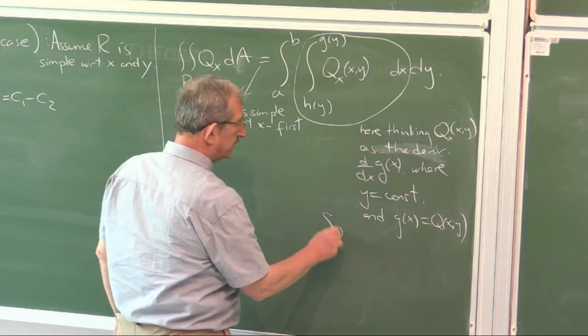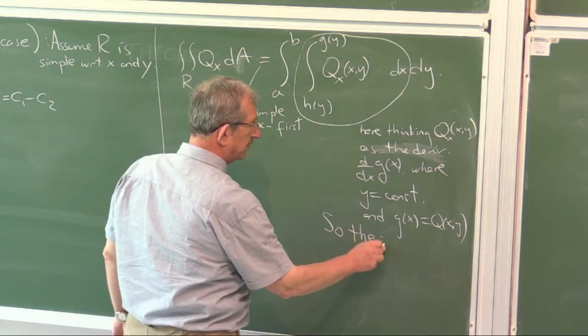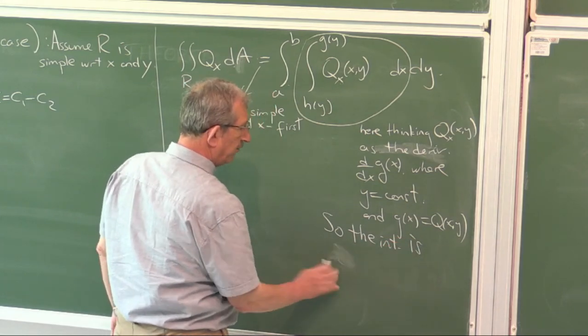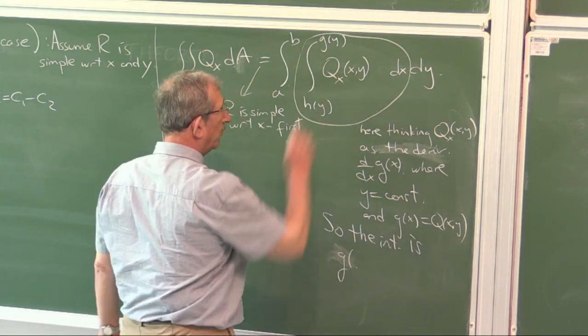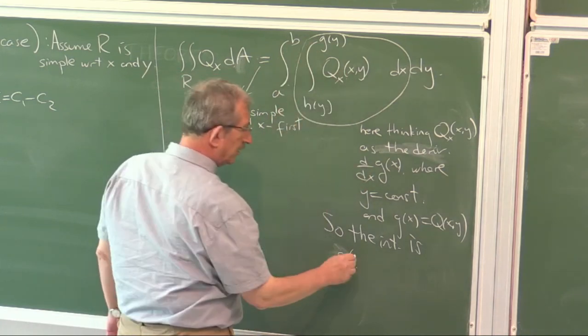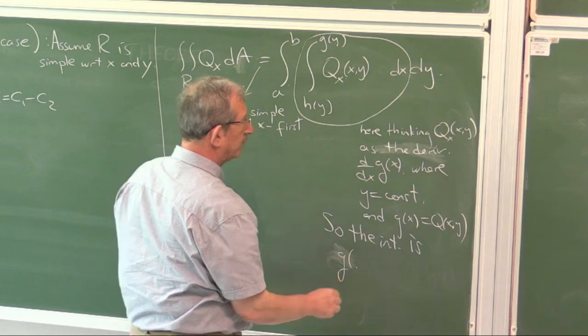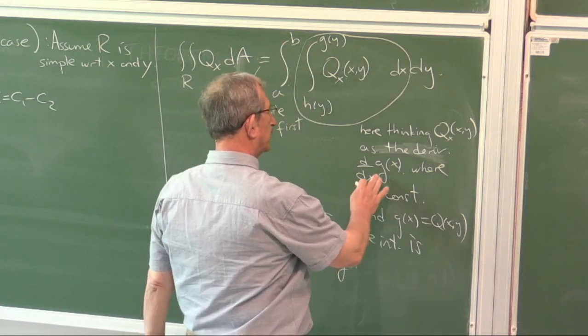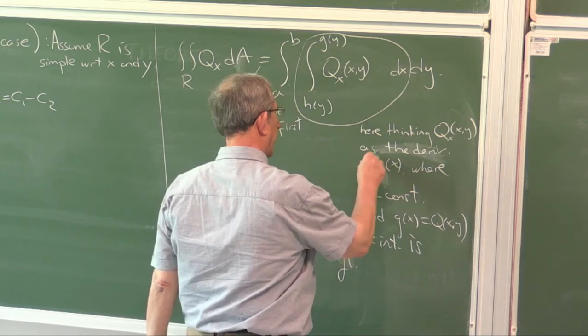So the integral is, instead of x, you take derivative and then integral. Sorry, too many g's, they are confused. So let me put here k of x.